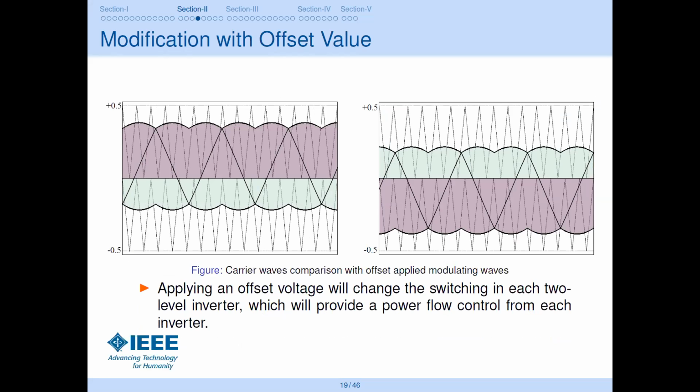You can offset the whole modulating wave to the upper or lower carrier band. If you shift the modulating wave to the upper carrier band, more power will be taken from inverter 1. If you shift the offset to the lower carrier band, more power will be taken from inverter 2. That brings us the capability to vary the power between inverter 1 and inverter 2.